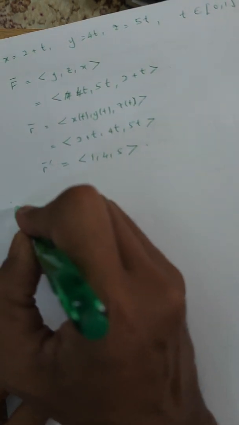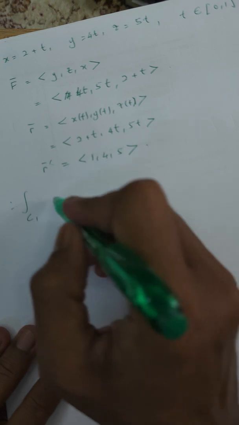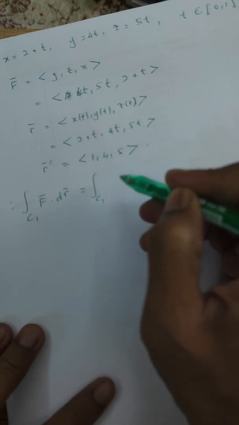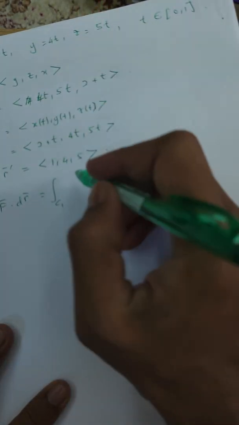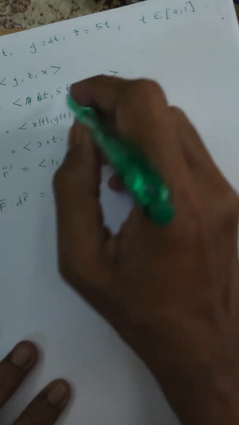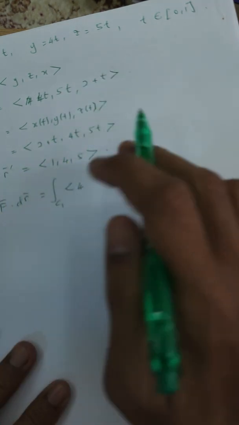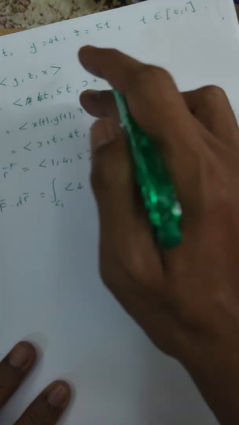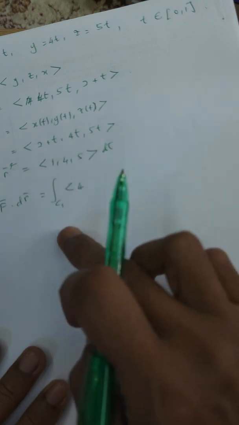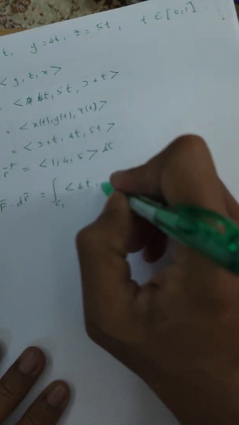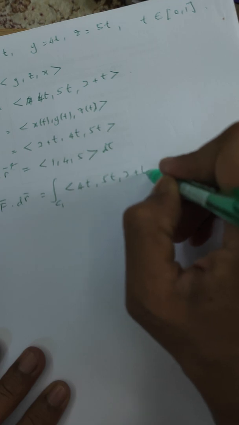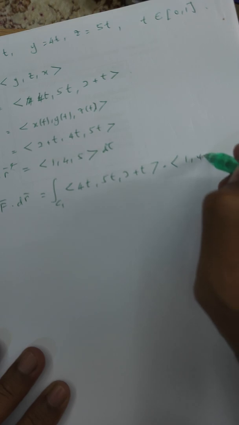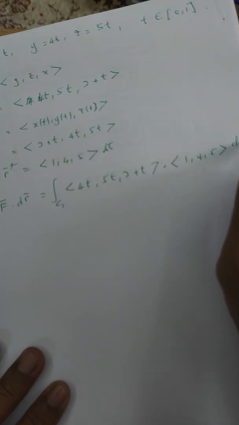Okay, so therefore integrate over C1 f dot dr. We have integrate over C1, our f is that, we have 4t, dot dr, this is r prime dt, should be dt here, yeah, because this is our dr. So our f is 4t, 5t, 2 plus t, dot dr is given as that 1, 4, 5 dt.